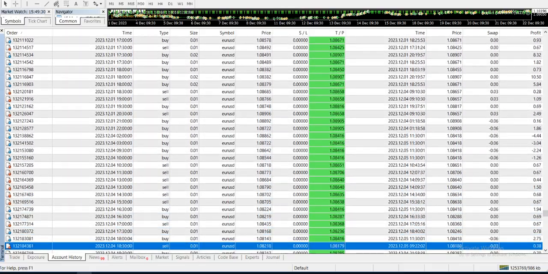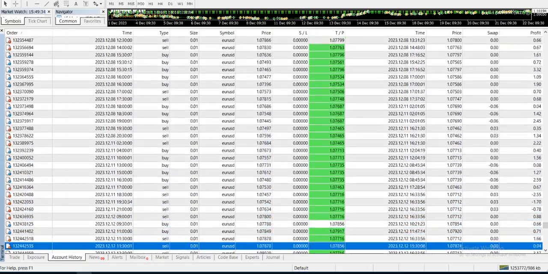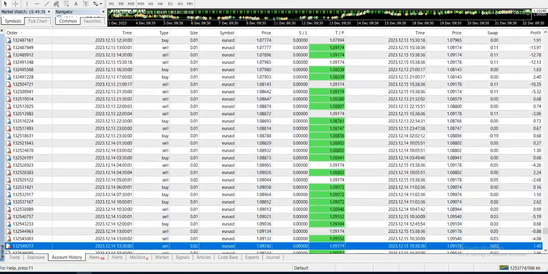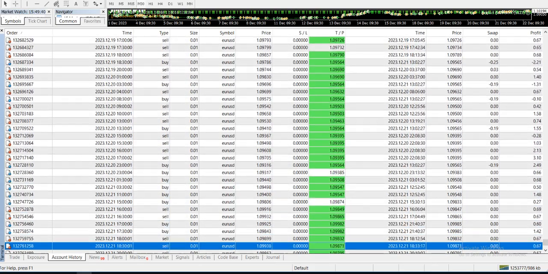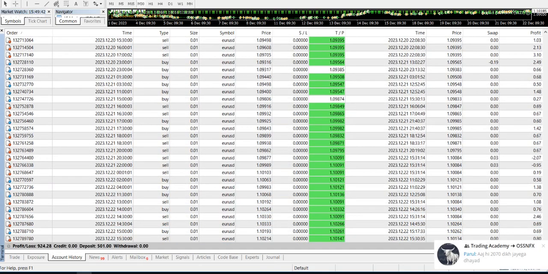Of course, the drawdown could have gone a little higher than expected, but it was all manageable and managed very well. So you see that so far we made 924 as profit over 501 of deposit.